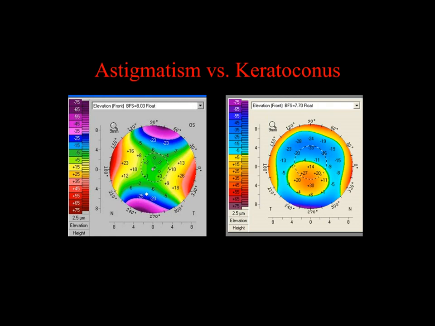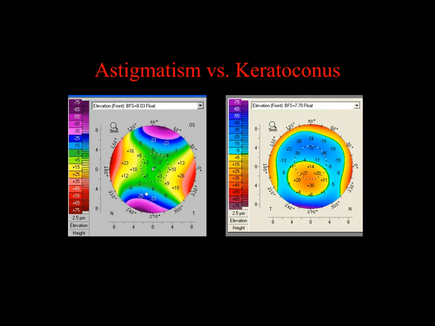And what you'll notice again is at the center, you have a reading of 0. That's because that's where the steep and flat meridian cross. And the flat meridian, which is roughly about 160 degrees, is positive, and the steep meridian, roughly 70 degrees, is negative.